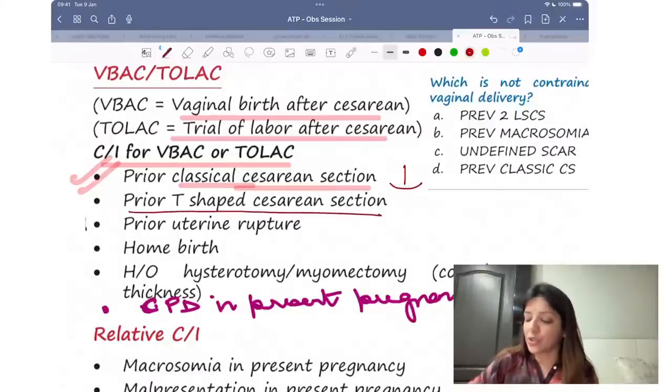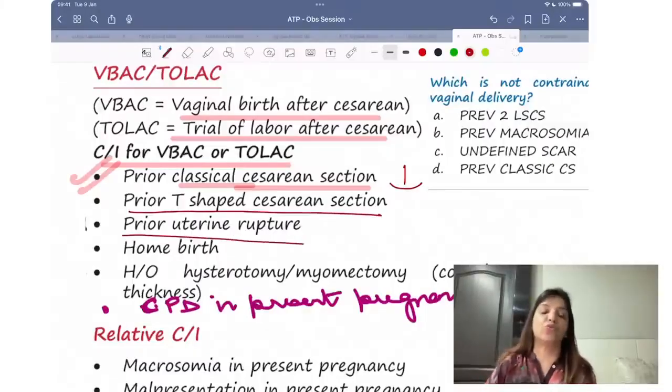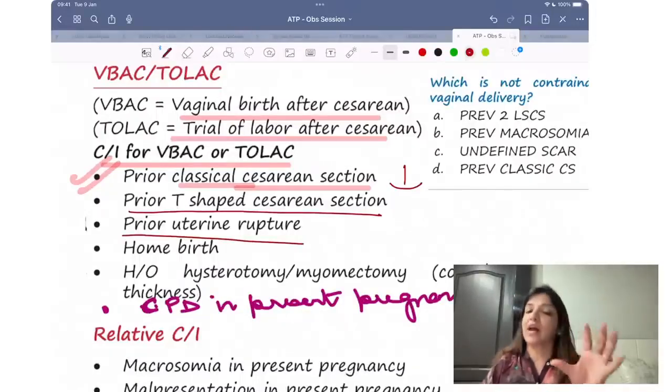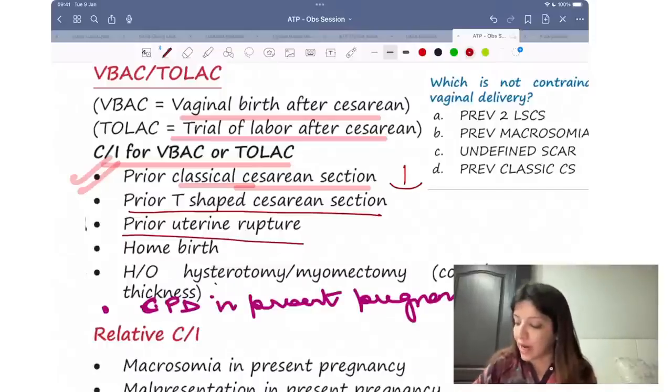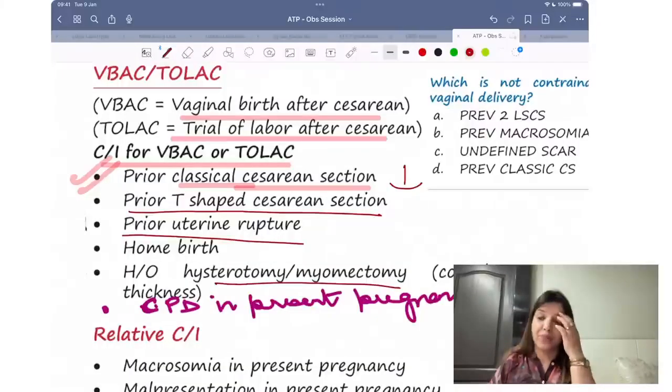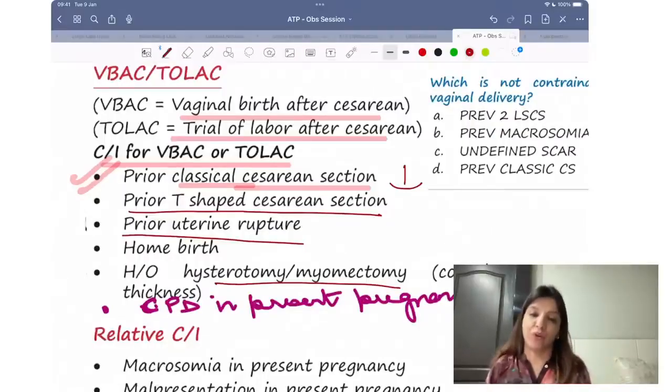या there is prior history of uterine rupture, या पेशेंट की कोई भी हिस्ट्री है जिसमें कोई भी scar दिया हुआ है on the uterus, any scar on the uterus, for example myomectomy scar और hysterotomy scar. Why is myomectomy scar or hysterotomy scar a contraindication for VBAC?